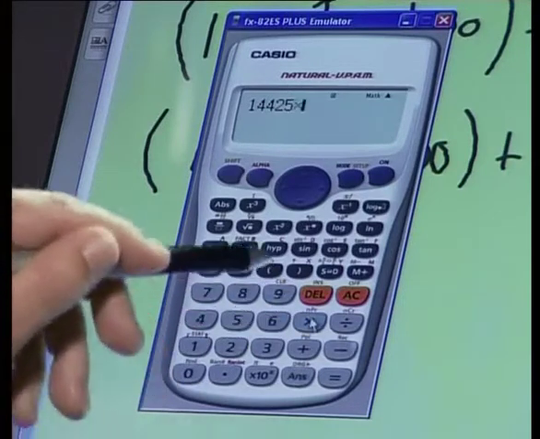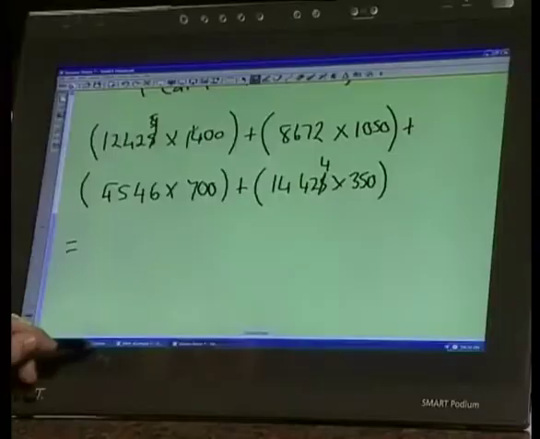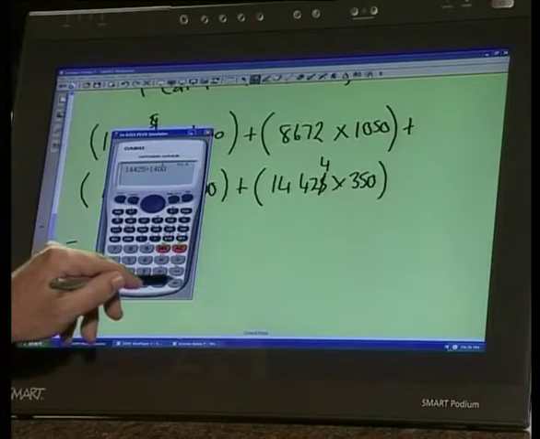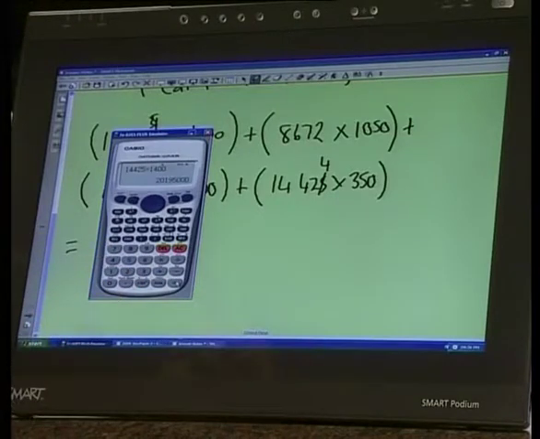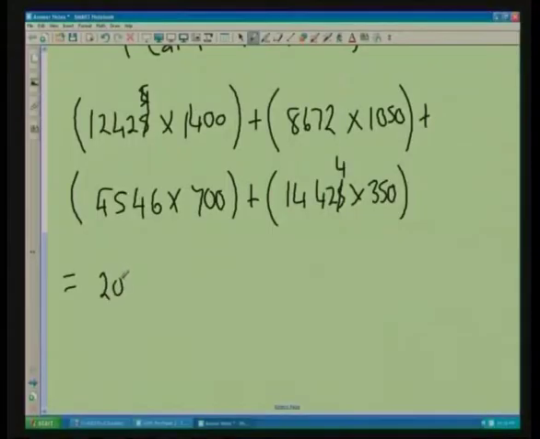14,425 multiplied by, and we needed, let's just check there, 1,400. So that bracket gives us a rather large answer, 20,195,000.